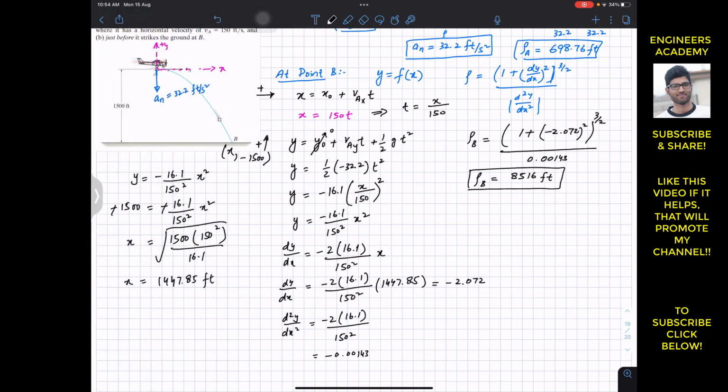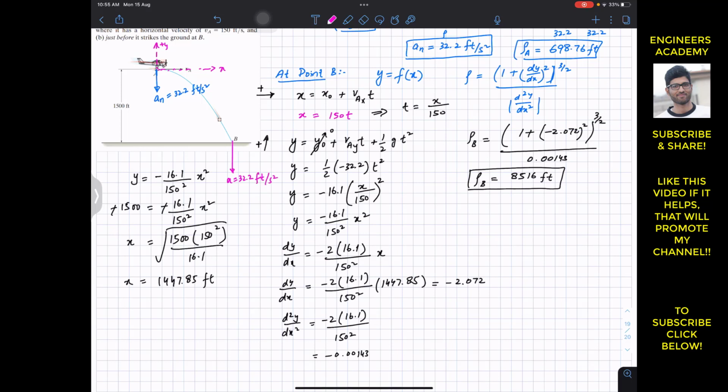So now at point B, we need to find the normal component of the acceleration and the tangential component of the acceleration. So as we know that at point B, now let me remove these coordinates, and now we know that at point B the package will have the acceleration in the downward direction. So we know that the acceleration is again acting vertically downward, and that is acceleration equals 32.2 feet per second squared, and it is acting in the vertical downward direction, so that is in the negative y.